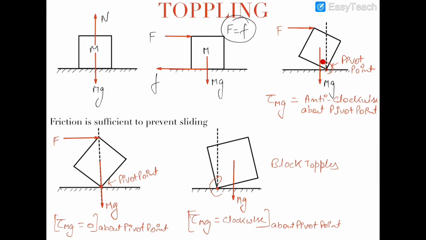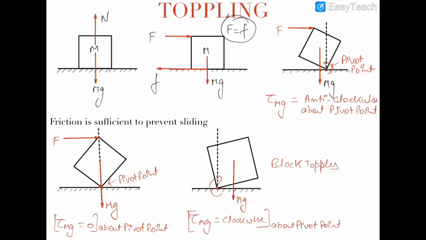So F is trying to topple this body, while the torque of mg acting on this body is in the anti-clockwise direction. So mg is trying to restore the original position of the body, and mg is preventing this body from toppling, while F is trying to topple it.